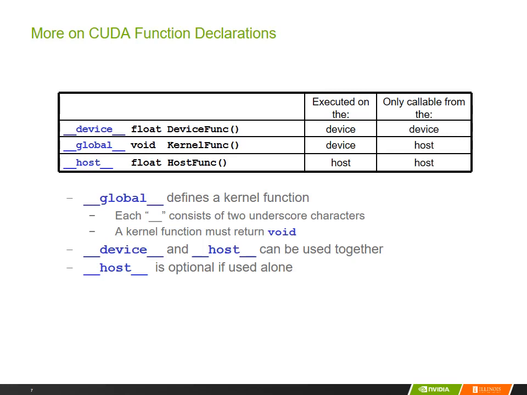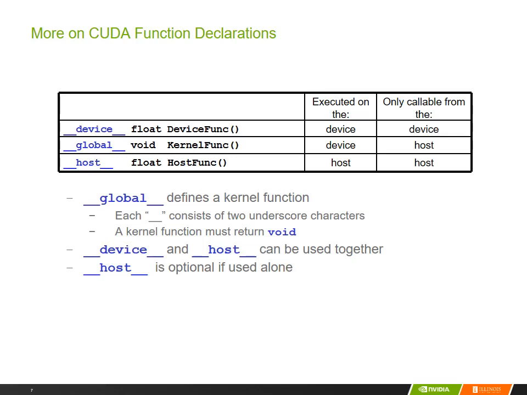Just to reiterate, the second row shows a declaration of a kernel function. As we have seen, these kernel functions are preceded with __global__. These functions will be executed on the device. These are the parallel functions that the host function can call. So they can only be called from the host, as we show in the third column of the table.